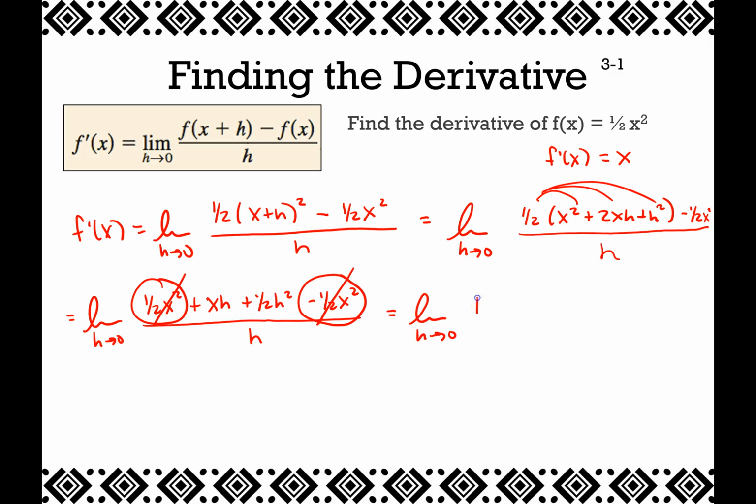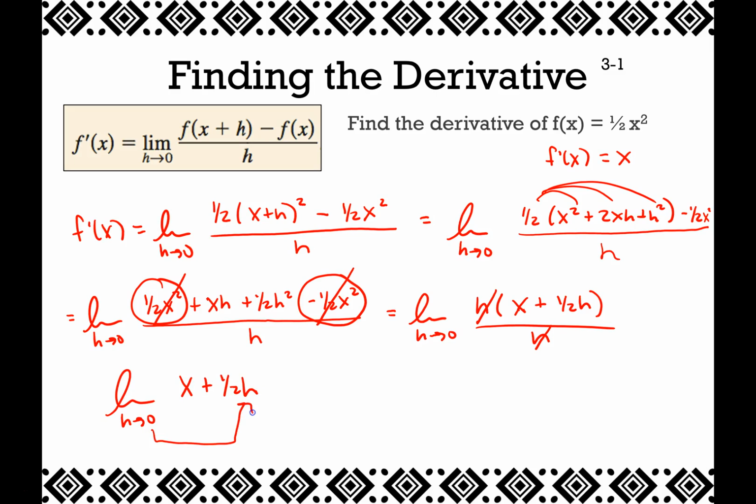So this is going to be an h and then an x plus 1/2 h all over h. The h's disappear. So I'm really just left with the limit as h approaches 0 of x plus 1/2 h. Now I can plug in this 0. So that gives me x plus 1/2 times 0, which is just going to give me x. So that is my answer for f prime of x.